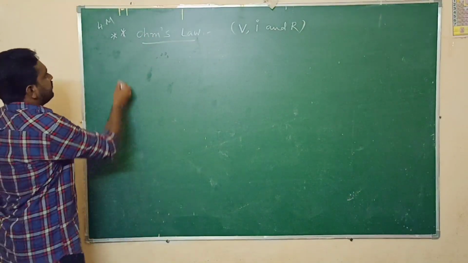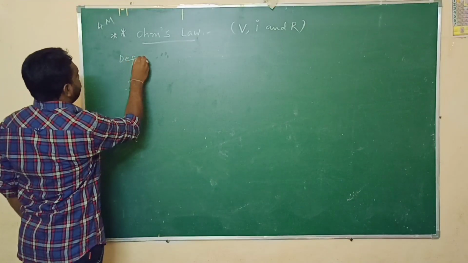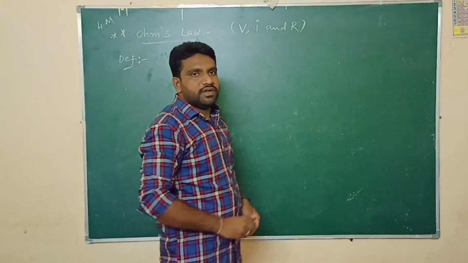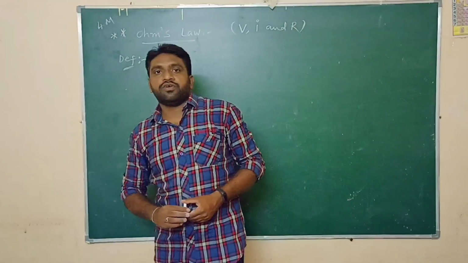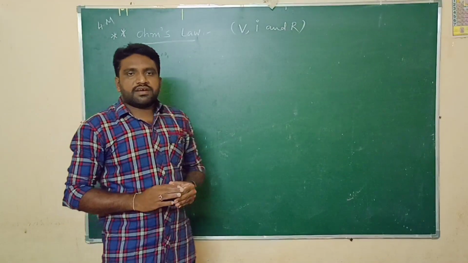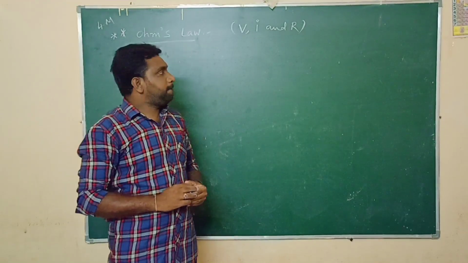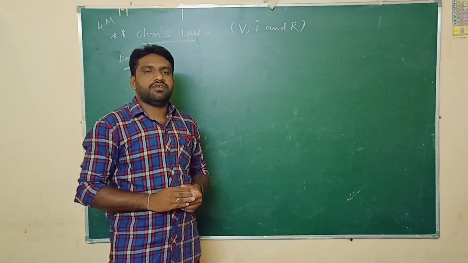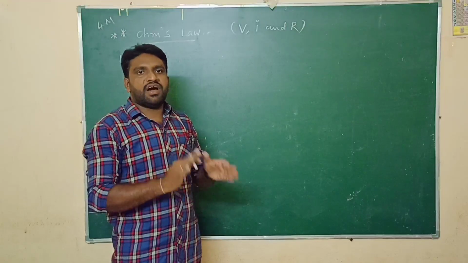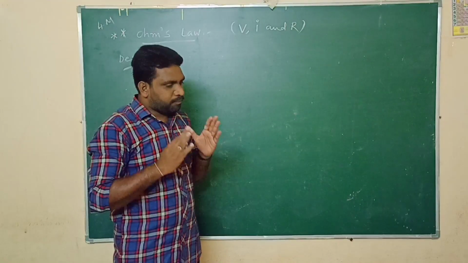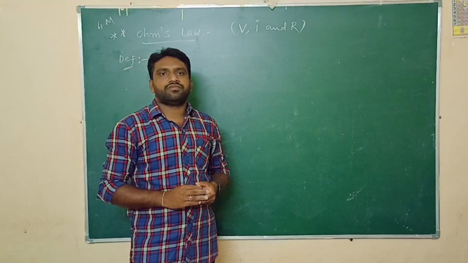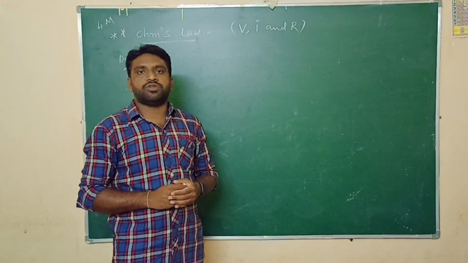So now first of all we will see the definition. What is meant by Ohm's law? If you apply a constant potential difference to a conductor at a constant temperature, the potential difference applied to the conductor is directly proportional to the strength of the current flowing through the conductor.